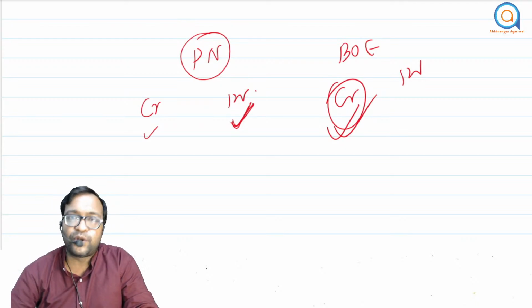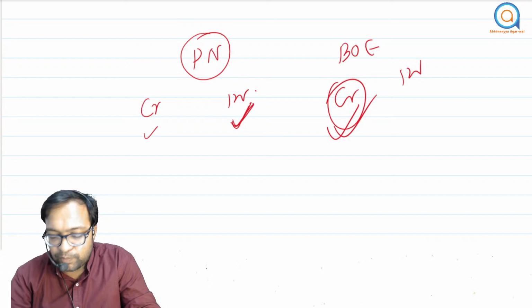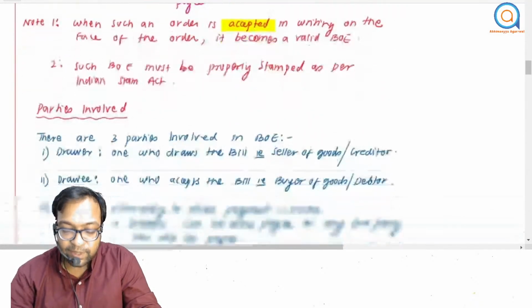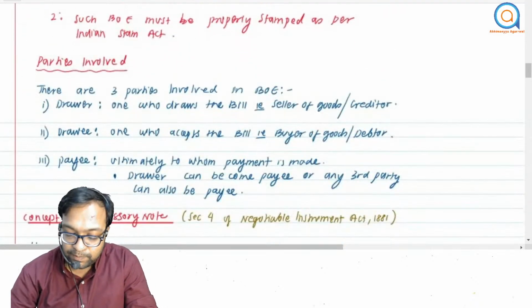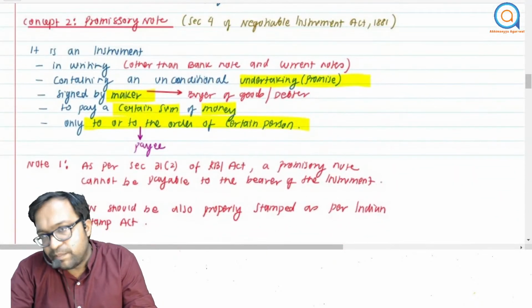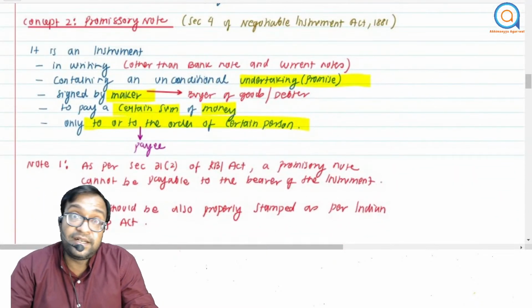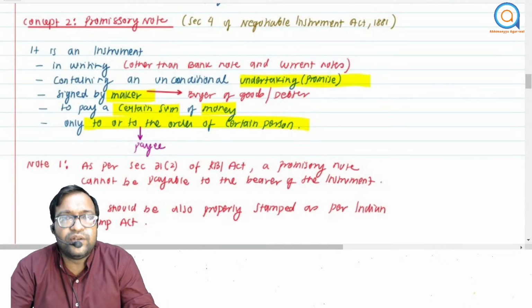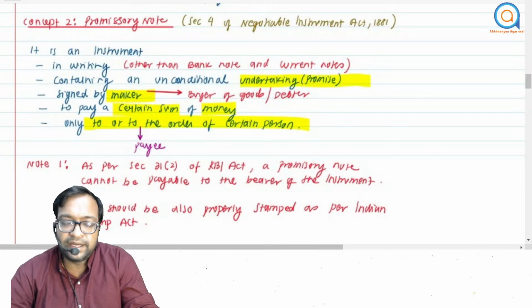In case of promissory note, there are only two parties involved. One is the maker, that is the debtor, and one is the payee, that means ultimately who will receive the payment, that is the creditor.